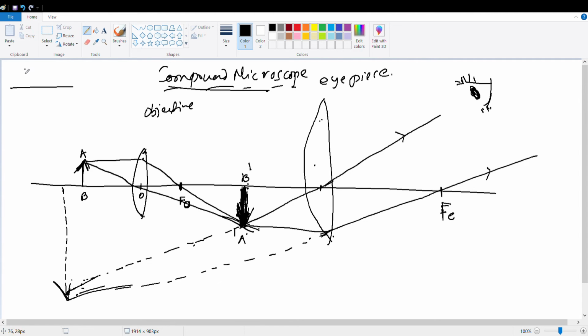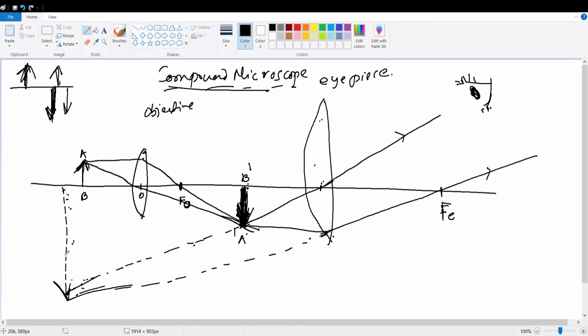Because if the object is like this and the image is like this, then you say this is an inverted image. But if the object is this way and image is this way, this will be erect. Understood? Yes, sir. The final image is a virtual image, inverted with respect to the original object, and magnified. But with respect to the eyepiece, it is a virtual image, erect image, and magnified image. Understood, everybody?